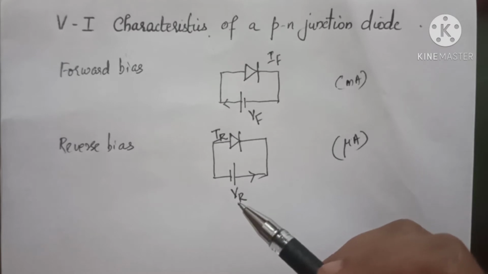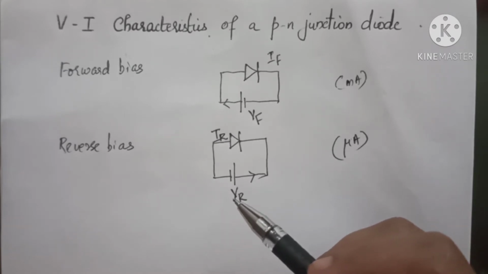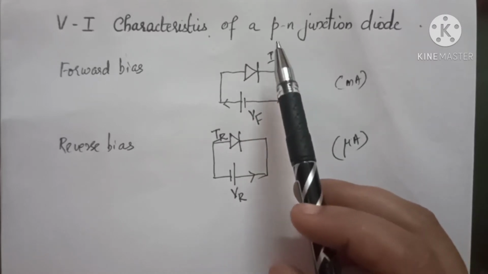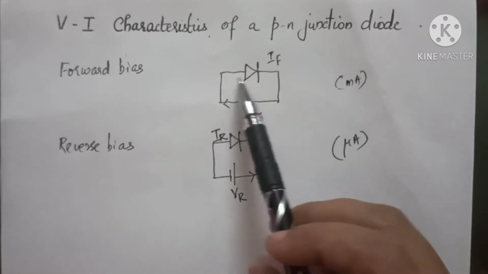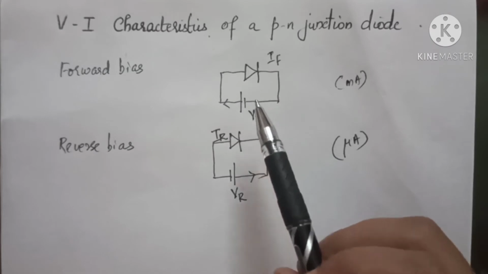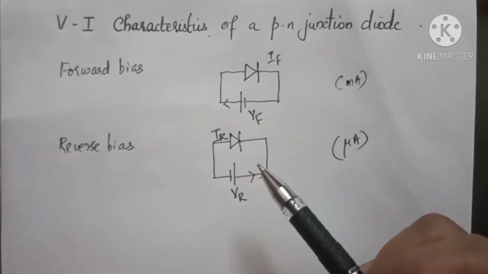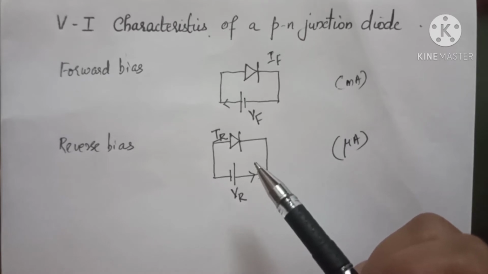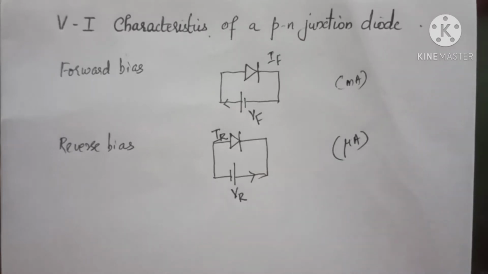So what do you mean by VI characteristics? It is the graphical relationship between the voltage applied across the PN junction and the current flowing through the junction. Now, for forward bias as well as reverse bias, we have to study it separately. So first we will discuss the forward biased characteristics.